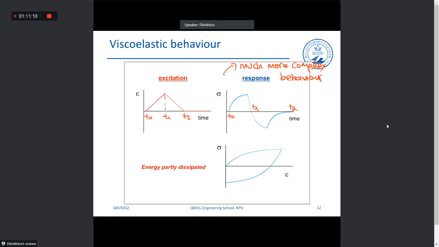It does not certainly need to have the same shape, and in terms of the energy in a loading unloading cycle, it does not have to go to negative stresses, but it can go like that, as we saw already. And this area here is the energy lost. This is a hysteresis cycle.